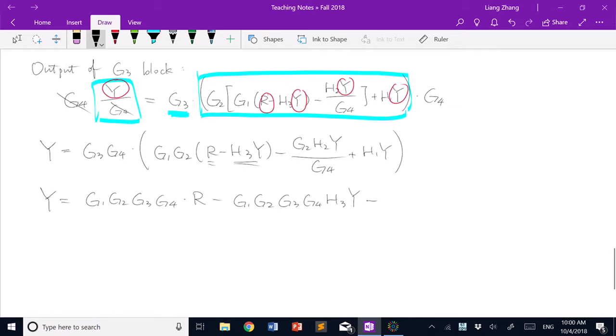And then minus, in this case G4 will cancel, so I have G2, G3, H2Y. And then the last term, plus G3, G4, H1Y.